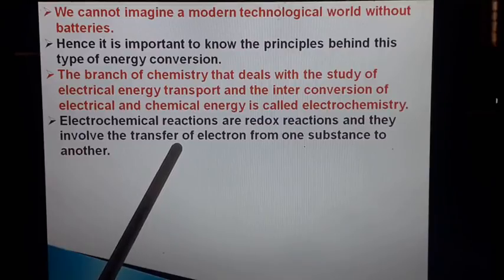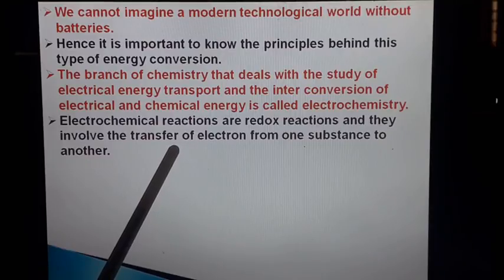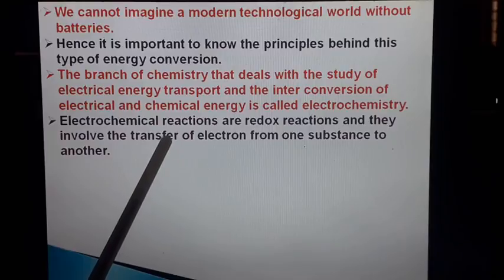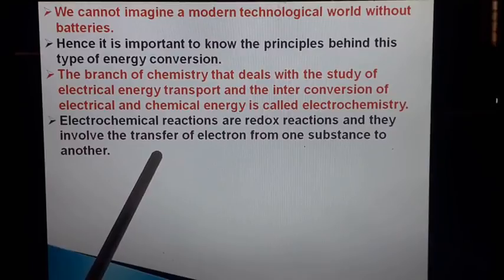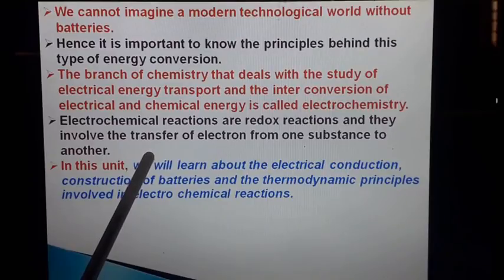That is called a redox reaction. The basic principle is the movement of electrons from one substance to another. This is the basic principle for conductivity.